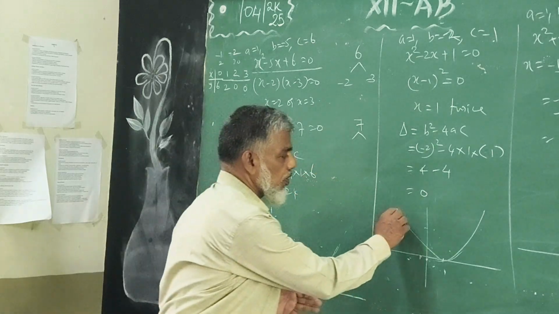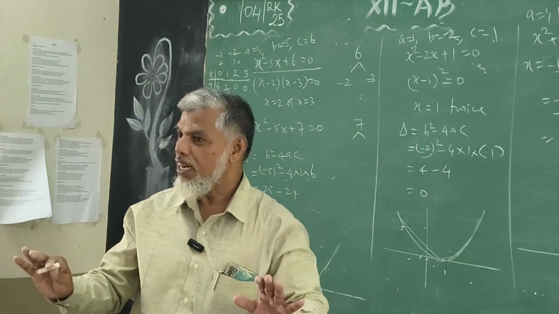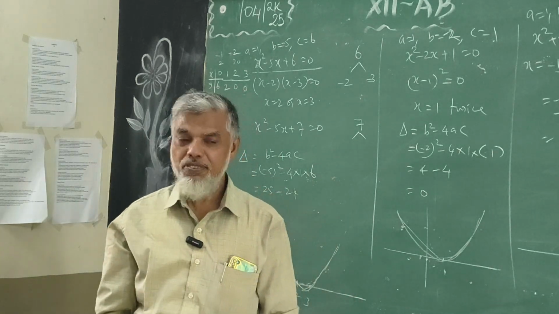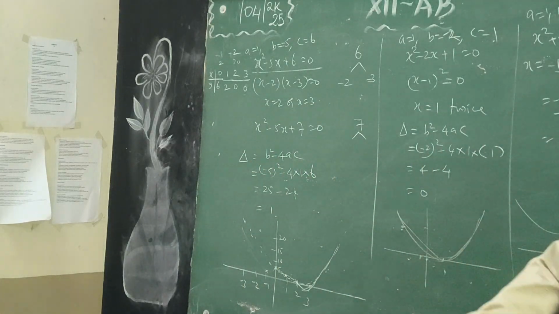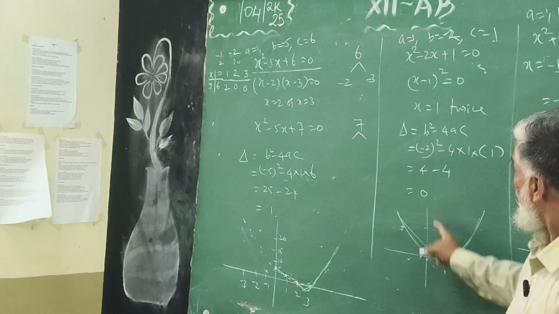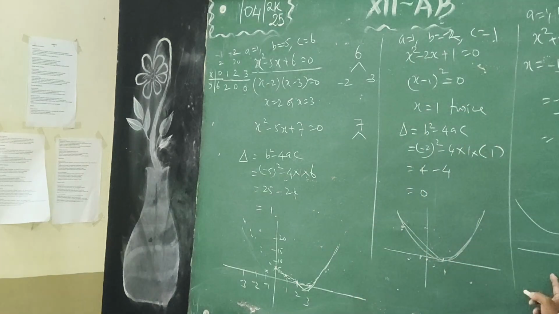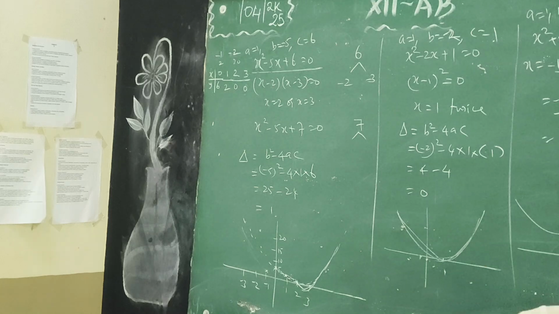Here, definitely you will get a graph. What graph? It never intersects the x-axis. Here it intersects at 1, here at 2, here it never intersects. But you will get a graph.